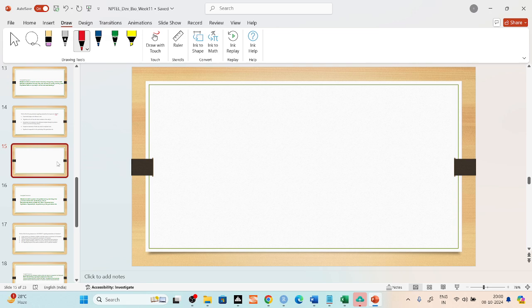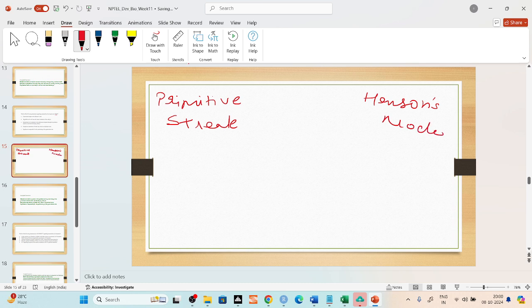Okay? So first of all, you should know there are two terms which are being used here. First one is your primitive streak, and the other one is your Hensen's node. So first term is primitive streak, and your second term is Hensen's node.